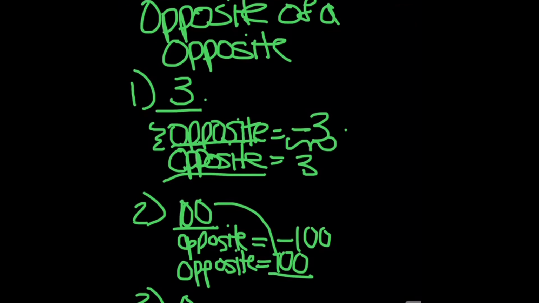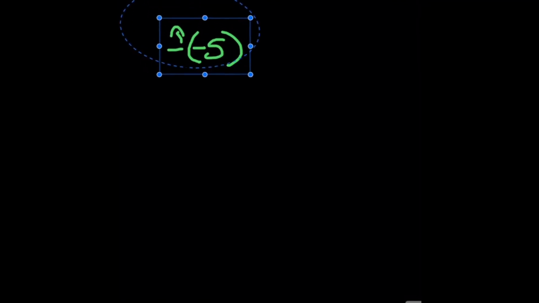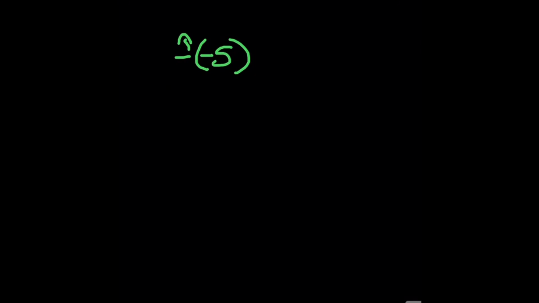Now let's do the opposite of the opposite, same thing, but with -5 in parentheses. This is telling me it's going to be the opposite of. How did I know that?